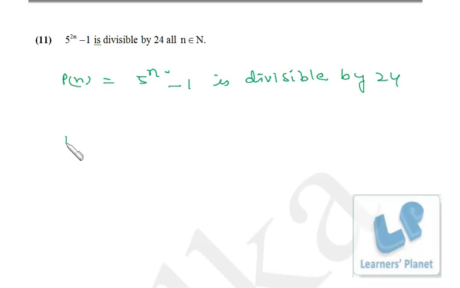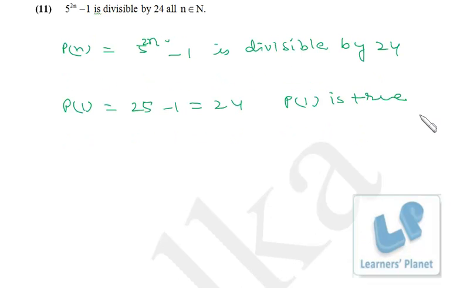Now the first step, P1 is equal to 5 square, that is 25 minus 1, that is 24. Okay, so 24 is divisible by 24, so P1 is true. Okay, next step, the same: let Pm be true.